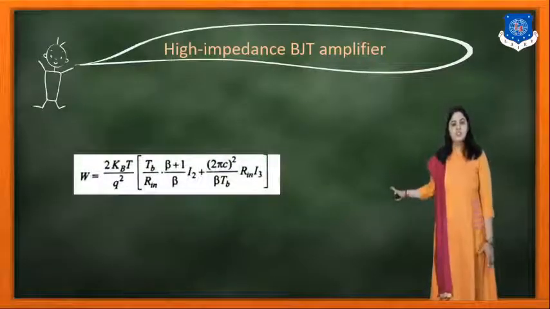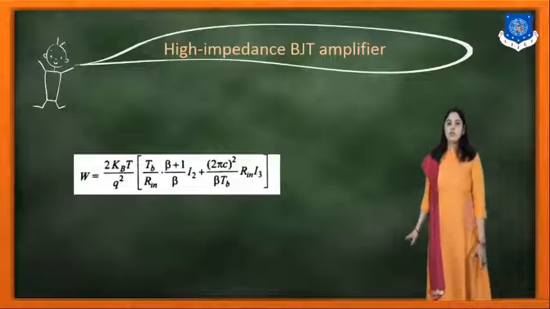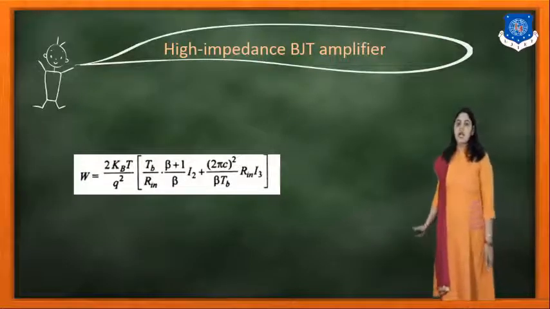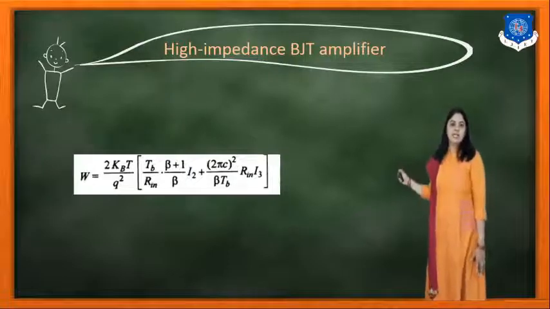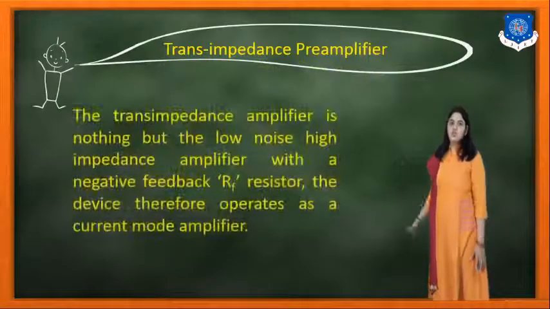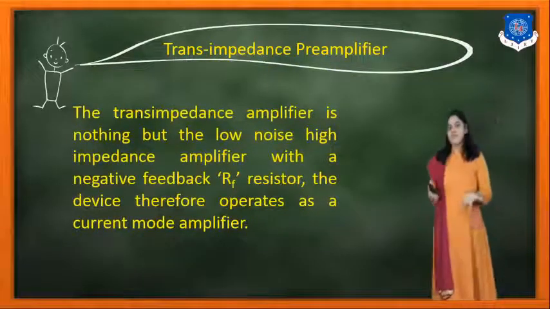So W is equal to 2 kBT upon Q square into TB upon R in beta plus 1 upon beta I2 plus 2 pi C whole square upon beta TB into R in into I3. So this is about the high impedance preamplifier.